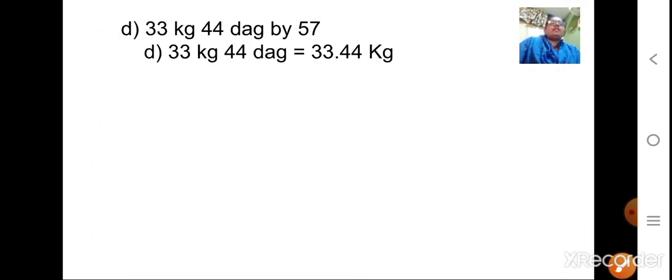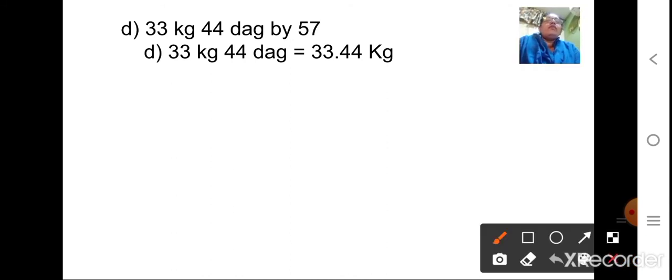Okay, coming to the next sum. The sum is 33 kg 44 decagram by 57. Now here you have to convert this decagram to kg. So from deca to hecto is 10 and hecto to kg is 100. So this 44 you will divide by 100.